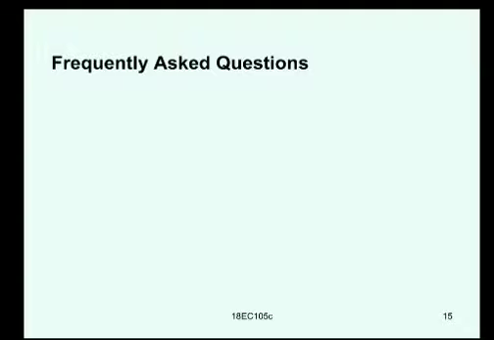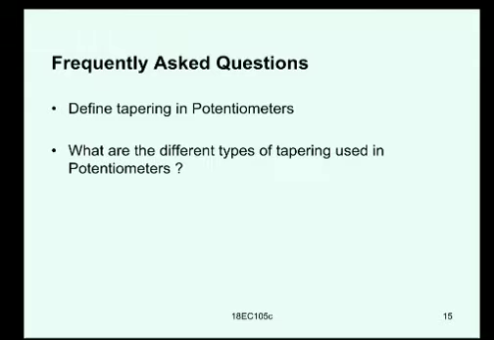Well, let us see a few frequently asked questions from the examination point of view. Define tapering in potentiometers. What are the different types of taperings used in potentiometers? So linear and non-linear.